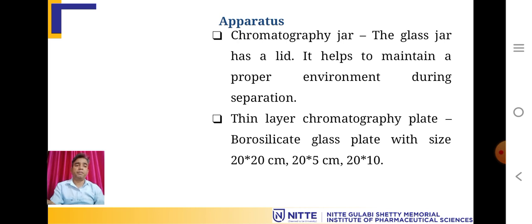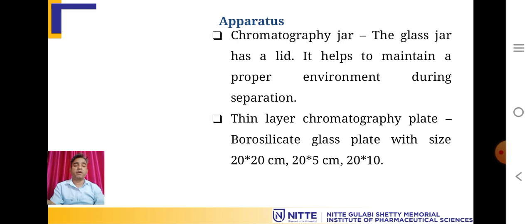And if you look here, the TLC plate comes in different sizes: 20 by 20, 20 by 5, 20 by 10. This is all because of how many samples you need to separate, right? If your number of samples is high, you need a 20 by 20 centimeter plate, because plotting will be easier. You should have sufficient space between two samples to get them separated. If not, merging will take place, right?